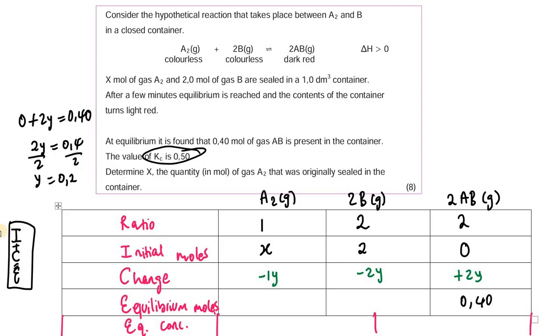So we should be happy since we got our y to be 0.2, because now here I'll just put 2 times 0.2, which gives me 0.4. So now I know that here it's simply 0.4, which makes sense, because it means from 0 you added 0.4 to get 0.4.